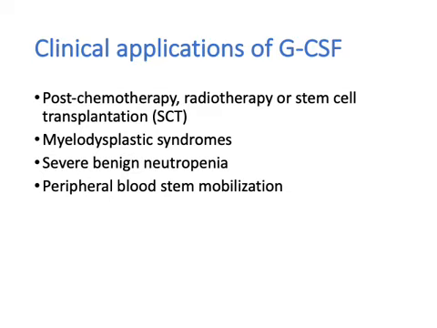They may also be used in myelodysplastic syndrome as well as in severe benign neutropenia. It is also used to mobilize your stem cells from the bone marrow to the peripheral blood, allowing them to be harvested and be used for stem cell transplantation.